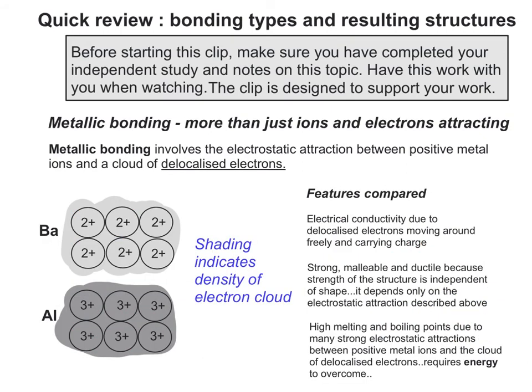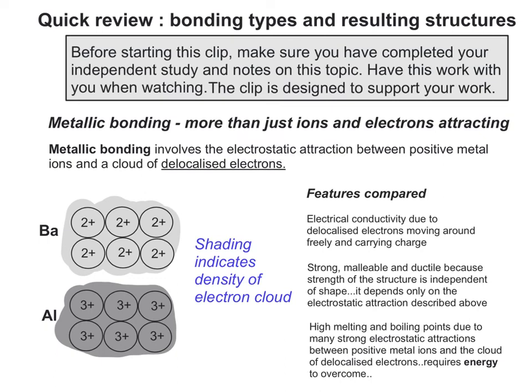So if we look at the features of metallic bonding, we've got electrical conductivity, strong, malleable and ductile, and high melting and boiling points for the reasons given on the screen. It all comes down to the electrostatic attraction between positive metal ions and the cloud of delocalized electrons. But let's look at different metals.